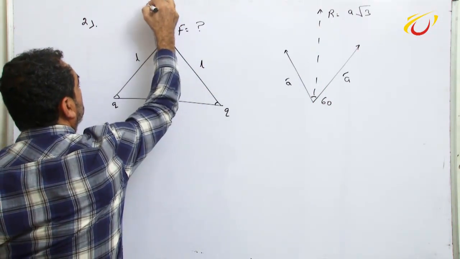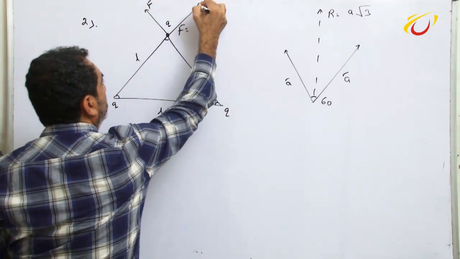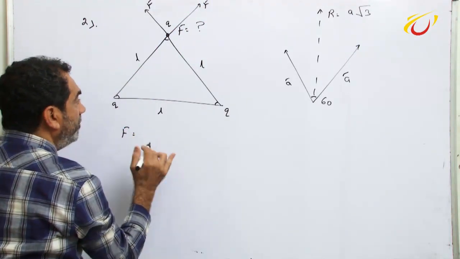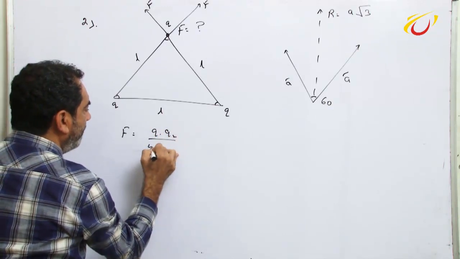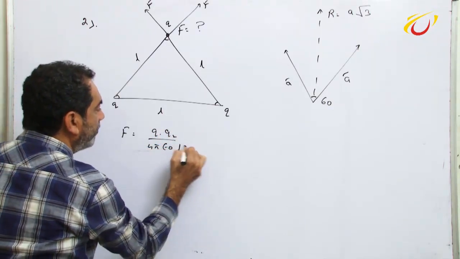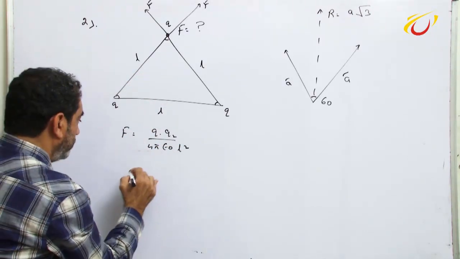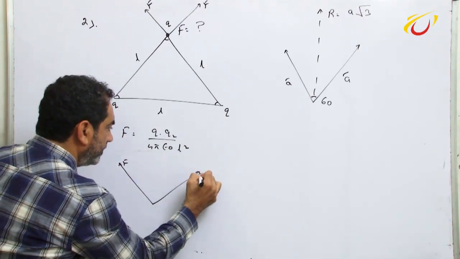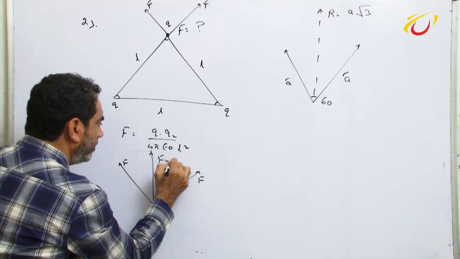Now start. Due to this charge, there is repulsion here, force F. Due to this one also, repulsion here, force F. What will be one force? I repeat, what will be one force? Q1, Q2 divided by 4 pi epsilon L square. This is F. So here F net will be what?